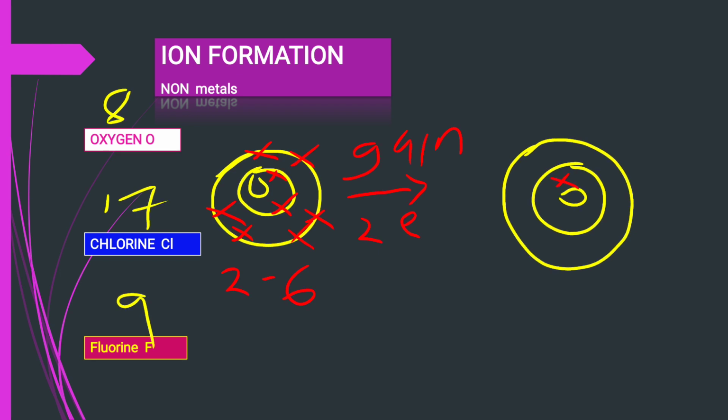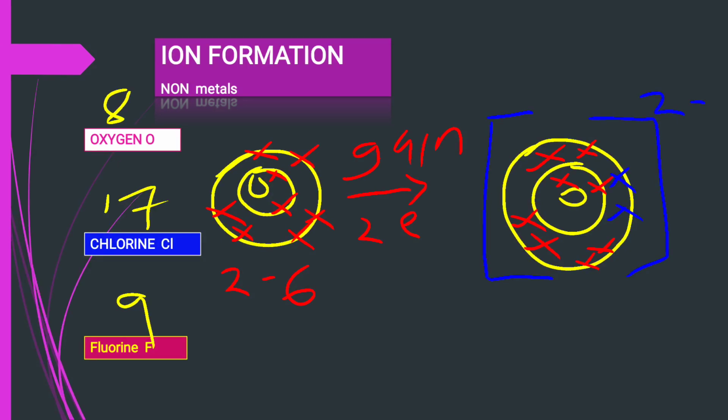The electrons will be distributed as follows: 2 electrons in the first energy level, then in the second, 1, 2, 3, 4, 5, 6, and then it will now gain 2 more electrons, and that will be its ion, and we will have the charge as 2 negative.